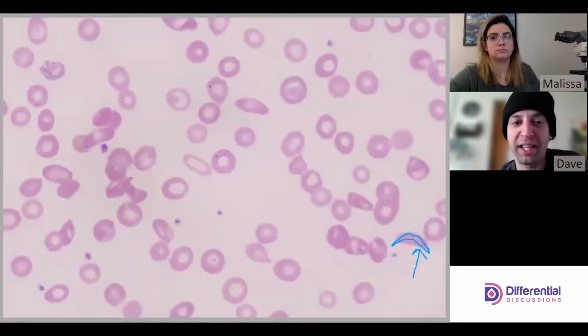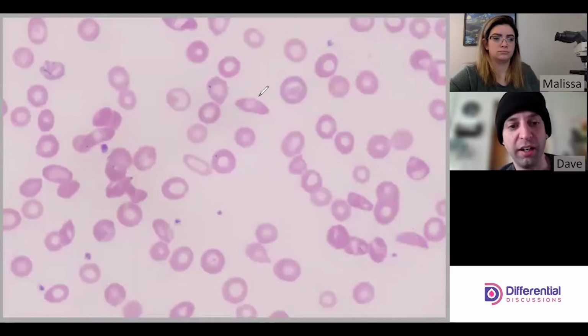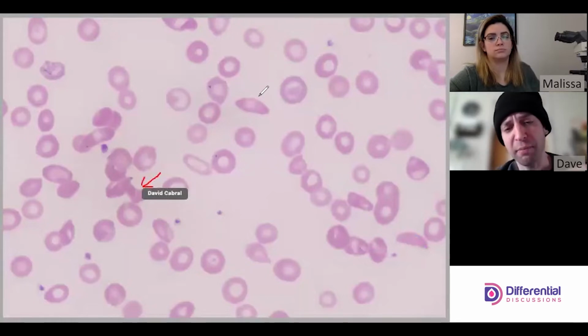And one of the things that really shows sickling, the way I like to see it, is part of the pathophysiology: when sickle cell crystals form, you get a dehydration of the cell, which concentrates the hemoglobin and gives this bright, rich red tone to it.